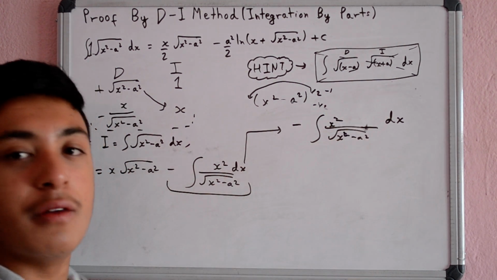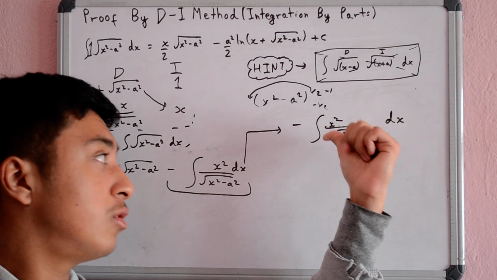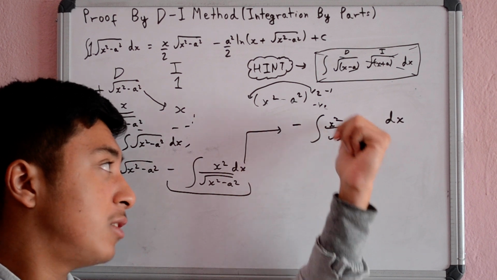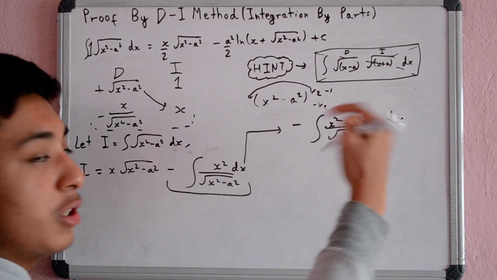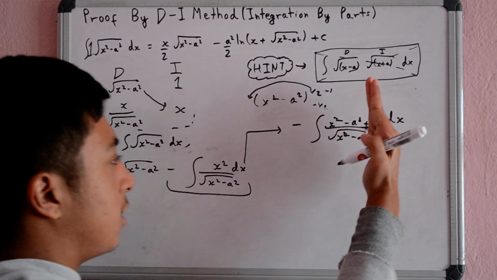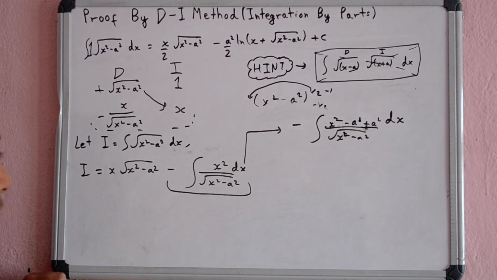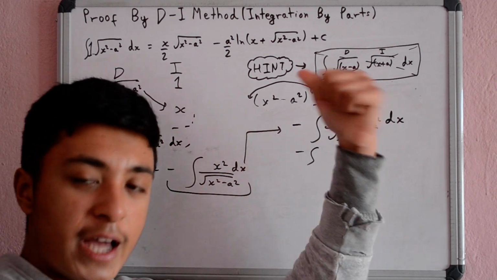Essentially we have the same power of x, but on the bottom we have minus a square. Just don't think about the root for now. To have minus a square on the numerator, just introduce it, minus a square. But to not change the integral, you have to add a square. And now we can separate the numerator like this. So it becomes minus x square minus a square by root x square minus a square.